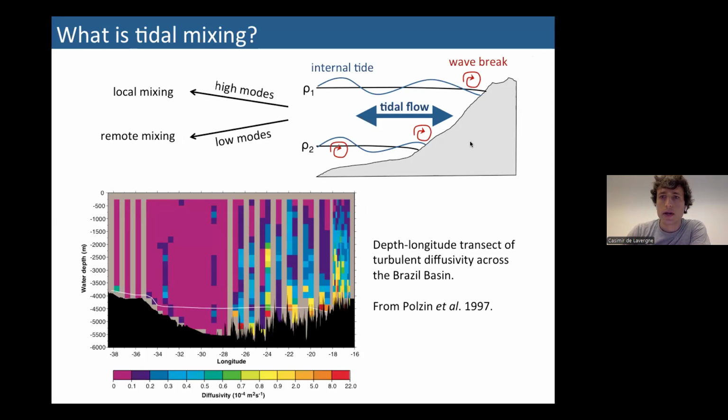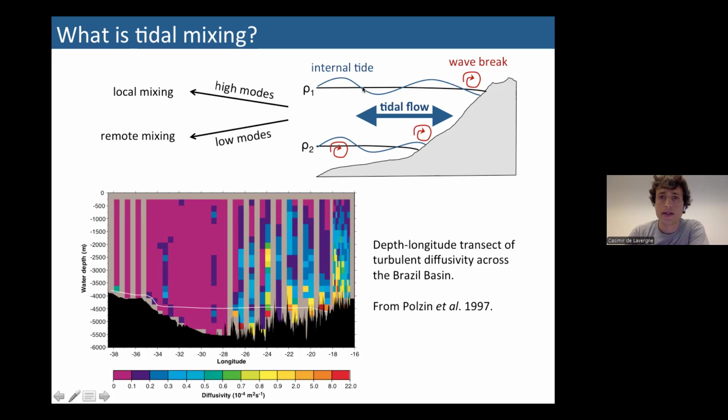When you have a tidal flow, an oscillating tidal flow interacting with a topographic slope, what this tidal flow does is it displaces these isopycnal surfaces that are shown in black on the top right here. And by displacing periodically these isopycnal surfaces, it creates waves, which we call internal tides.